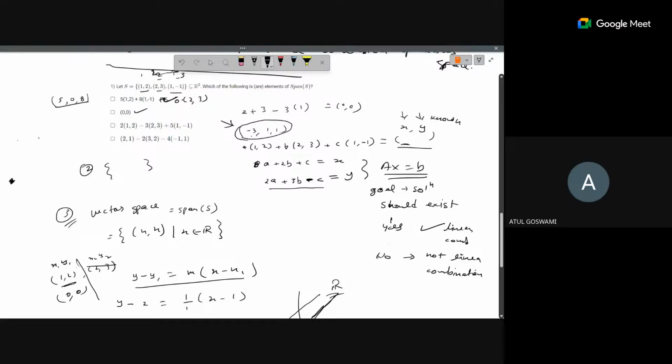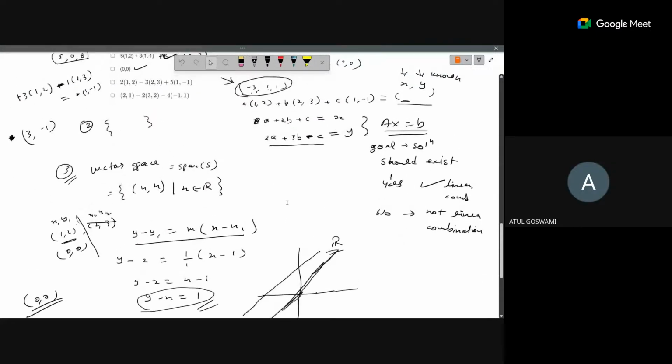So take this combination: minus 3 times (1, 2), plus 1 times (2, 3), and the third vector is (-1, 1). Take the minus sign here, so it is minus and it is plus. So the combination is 3 and minus 1. If we take 3 and minus 1 from the two, we'll get the third vector. Okay. Yeah. Thank you, sir.